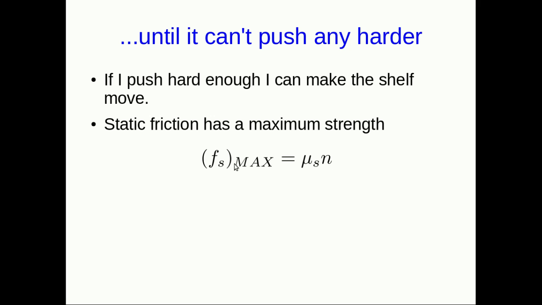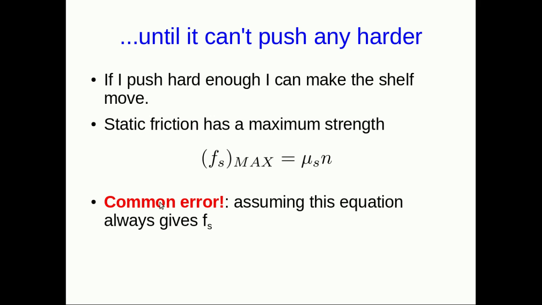But this tells you what the maximum force exertable by the static friction is. So this is a really common error that students make, where they just assume they can calculate a static friction using μs times n. You can't. All you can do is use this to set what the upper limit is on the static friction.